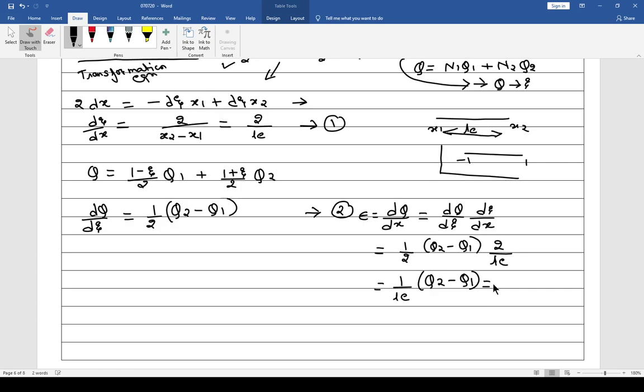This I can write in terms of a matrix as 1 by le times [minus 1, 1] times [q1, q2]. So this is what I am going to get. Just verify.